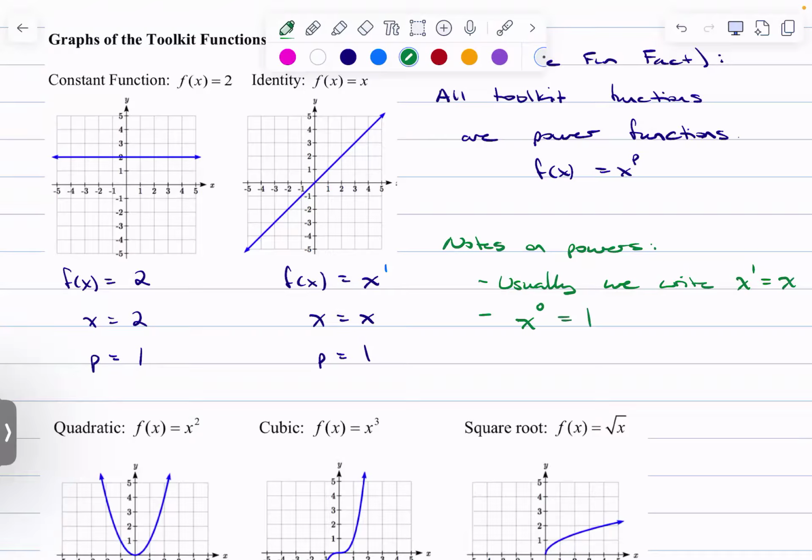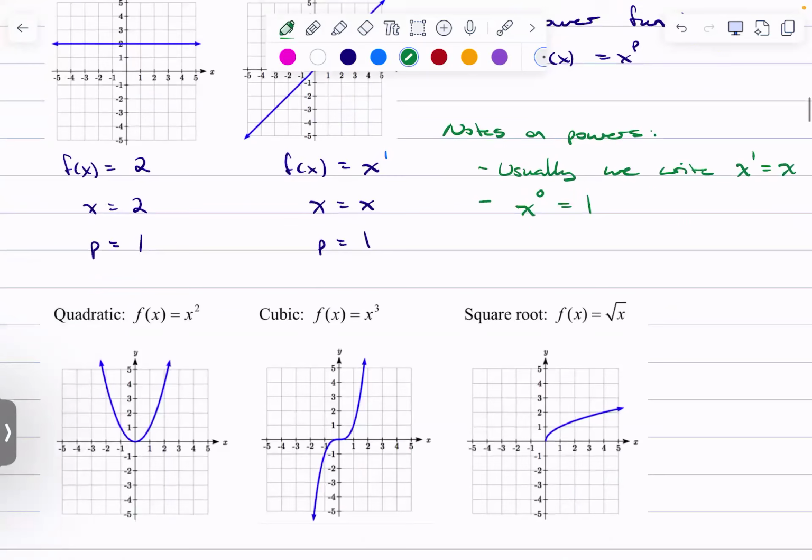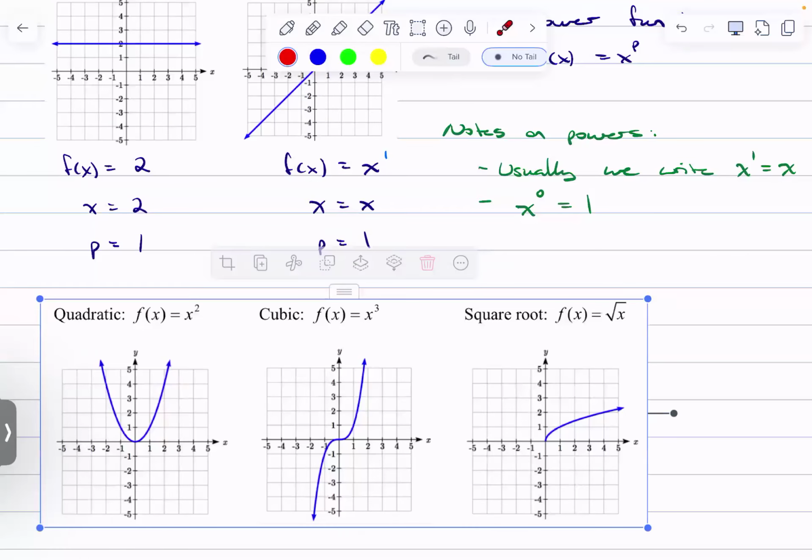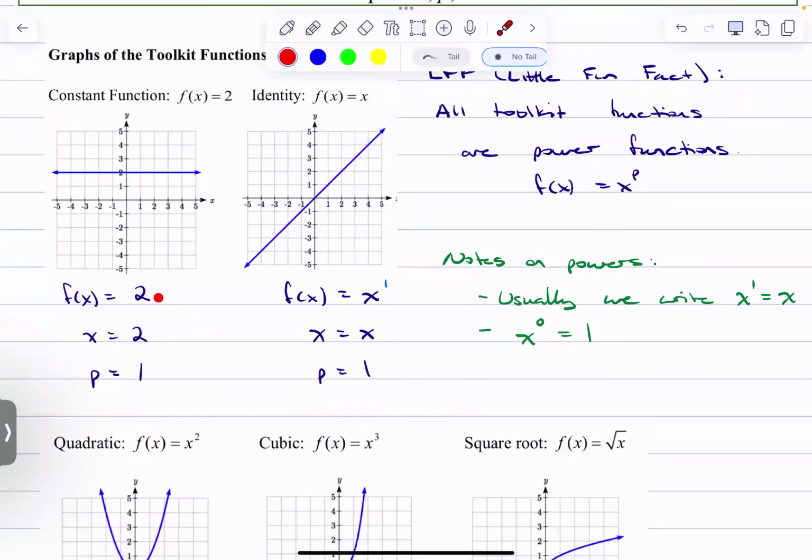Anything to the power of 0 is 1. You can try it on your calculator, 3 to the power of 0, you'll get 1. And so those are good to keep in mind. I guess technically we could have written this as 2 times x to the power of 0 if you wanted to. That seems fancy.